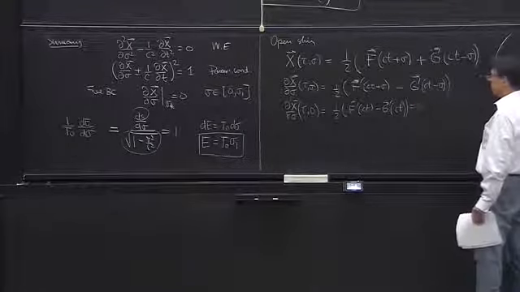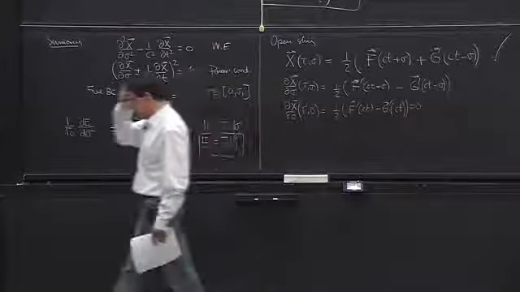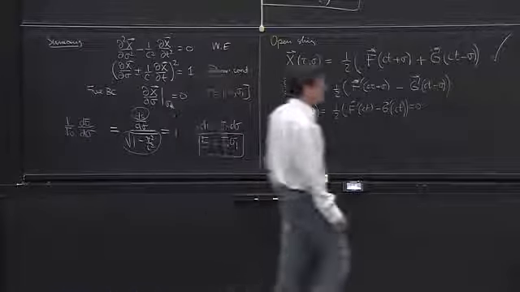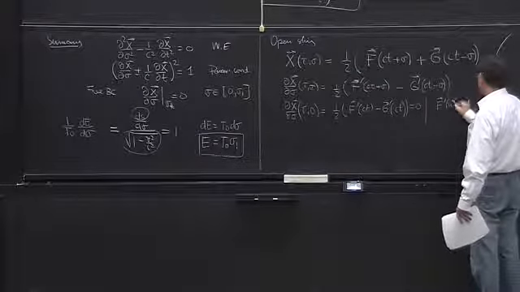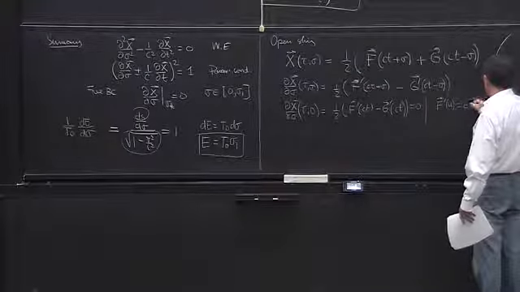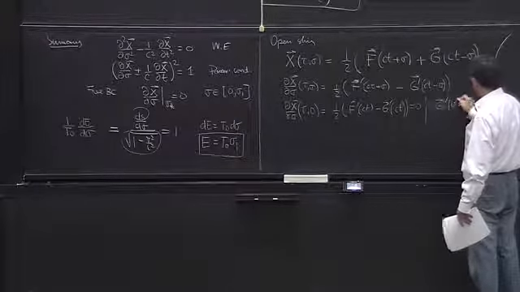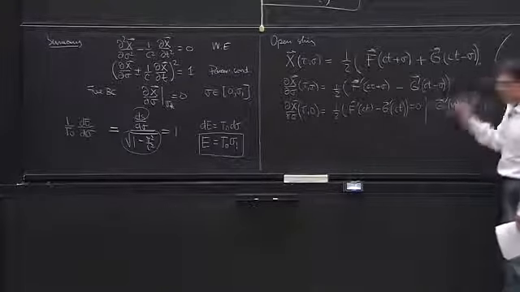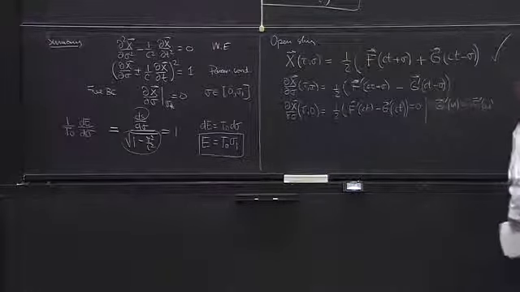So what do you learn from here? Well, f prime and g prime at ct; ct can be any number, so really this means that f prime of u is equal to g prime of u. Or I'll write it like this: g prime of u is equal to f prime of u. Prime is with respect to the argument, and this is true for an arbitrary argument because ct has any value.